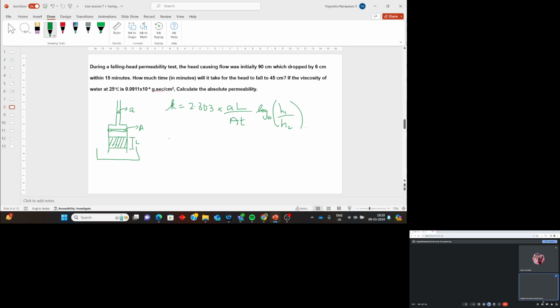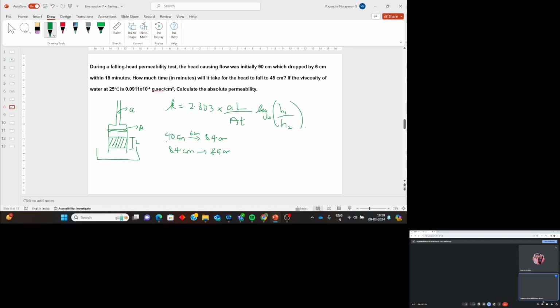Now you have two conditions here. First, it is falling from 90 centimeters by 6 centimeters, which is 84. Right. Now the second part is it has to fall from 84 centimeters to 45 centimeters.